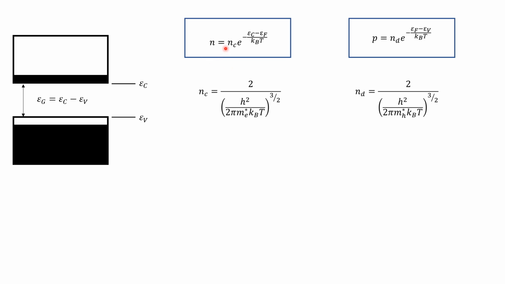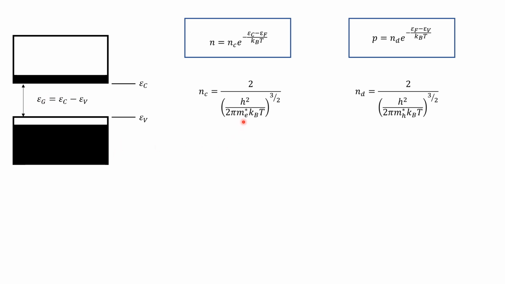Okay, so now we have an expression for the concentration of free electrons, and we have an expression for the concentration of holes. Notice that these two parameters are very similar. The only difference between them is the effective masses. So when the effective masses are the same, these two parameters are the same, but the effective masses are usually different because the way electrons interact with the underlying atomic structure depends on whether the electrons are in the conduction or in the valence band.